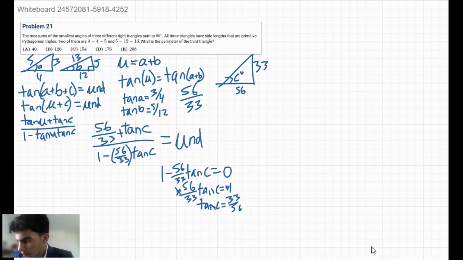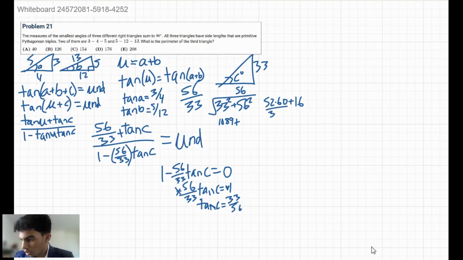So let's check that. Now we have to do 33 squared plus 56 squared, and then take the square root of all that. So 33 squared is the same thing as 36 times 30 plus 9, which is 1089. 56 squared would be the same thing as 52 times 60 plus 16.